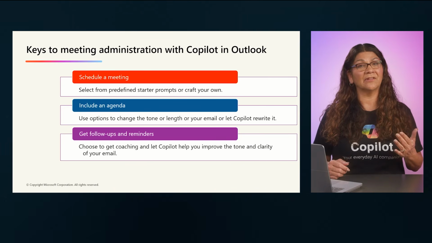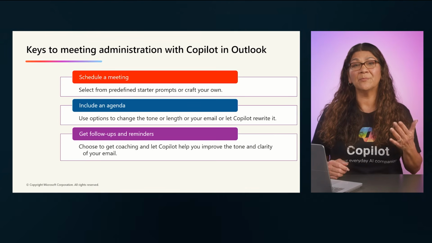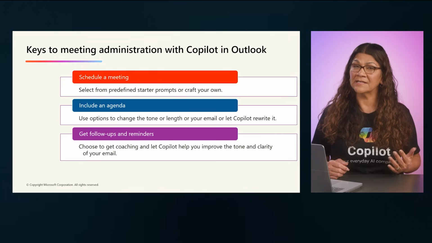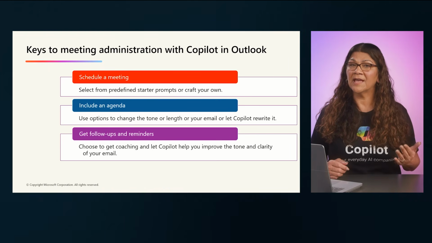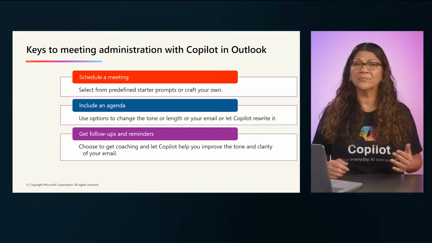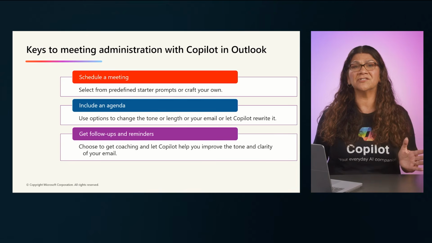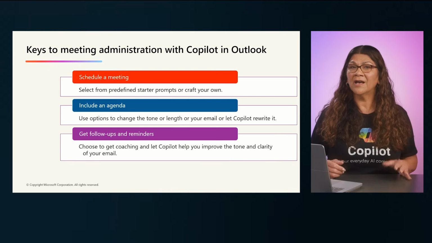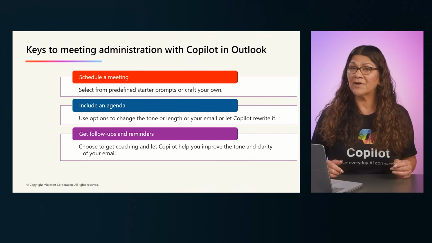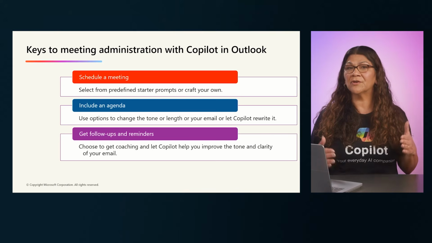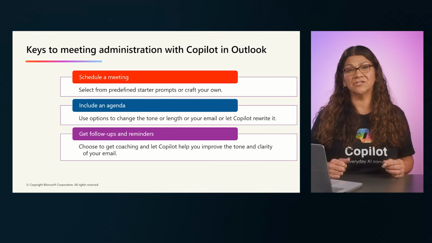Or maybe something like, create a meeting agenda based on the key points from this email. Or summarize what I missed from this meeting and list action items. Copilot can turn conversations into coordination, automatically creating the meeting, adding an agenda, and helping with follow-ups, so the manager can focus on outcomes instead of logistics.